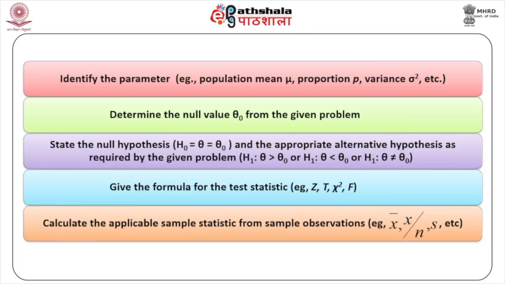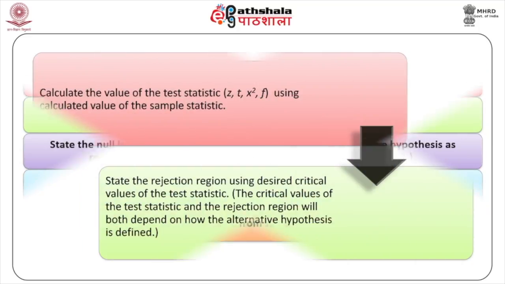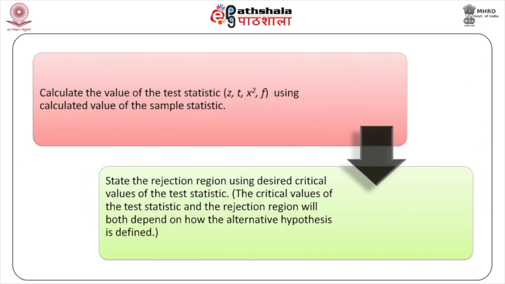Fifth, calculate the applicable sample statistic phi hat from sample observations, for example, x bar, x by n, s square, etc. Sixth, calculate the value of the test statistic z, t, chi-square, f using the calculated value of the sample statistic. Seventh, state the rejection region using desired critical values of the test statistic.